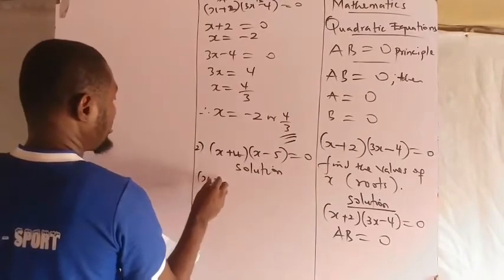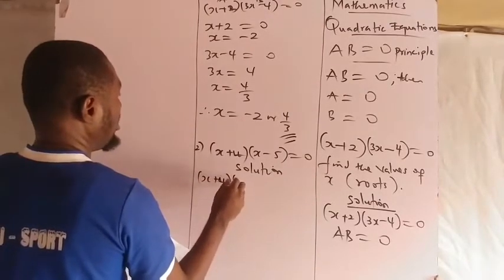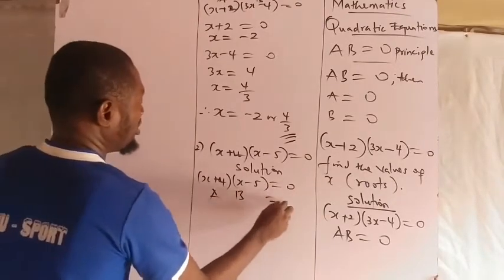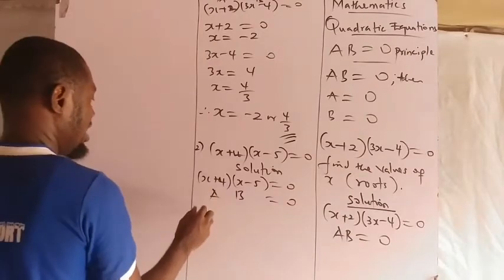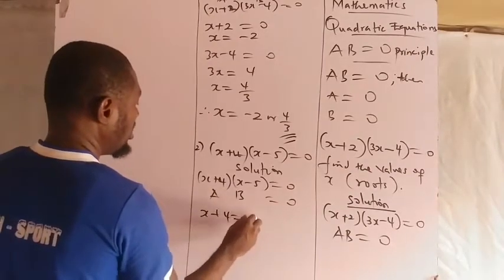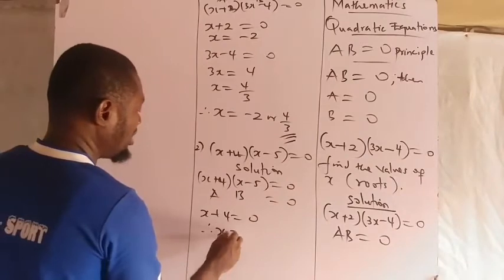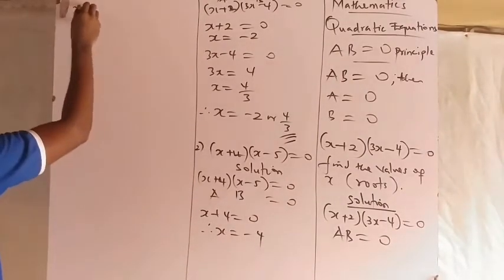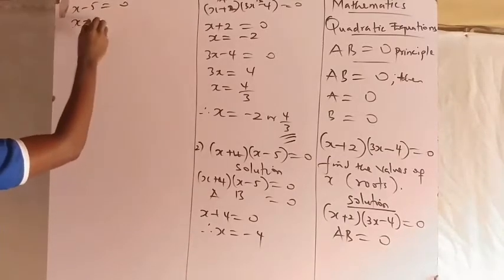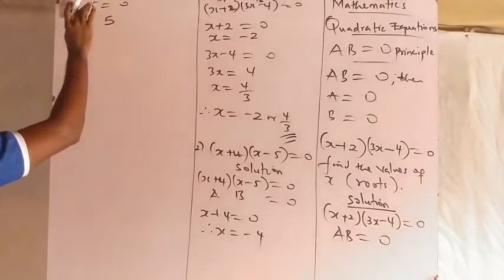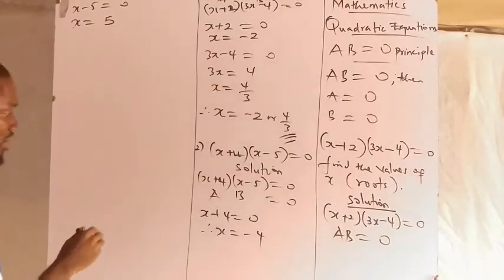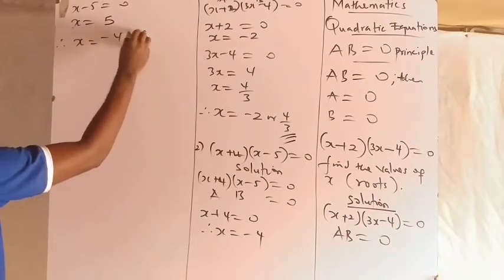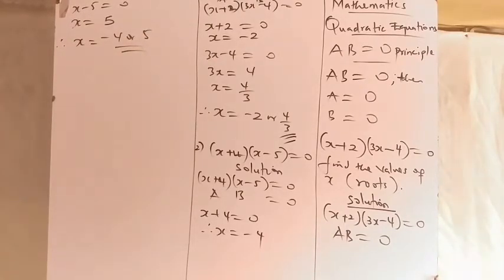From your AB is equal to 0 principle, A will be x plus 4 is equal to 0. Therefore, x is equal to minus 4. Then your B will be x minus 5 is equal to 0, and your x is equal to 5, since minus 5 moves to the other side of the equation. So our final roots for x are x is equal to minus 4 or 5. That's what we have as the result.